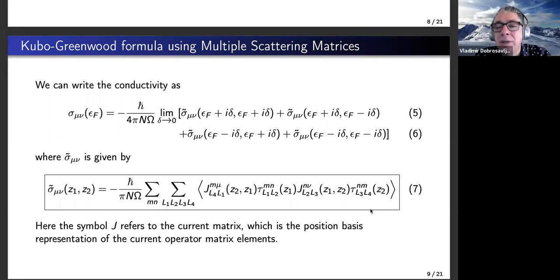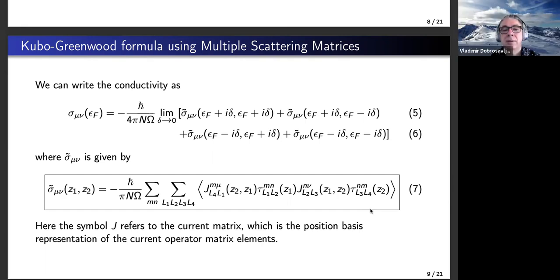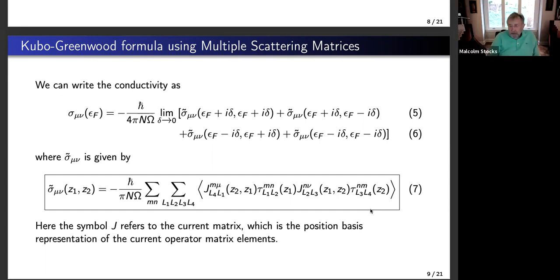And those vertex corrections here are the stuff that takes care of the fact that it really is the product of two Green's functions, and whatever theory you have has to preserve that relationship.